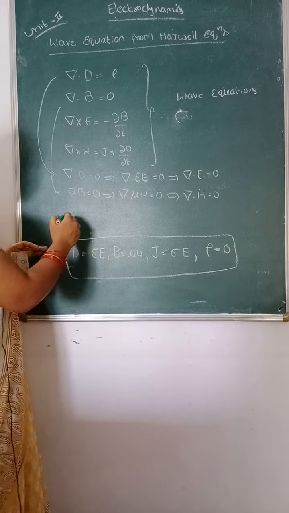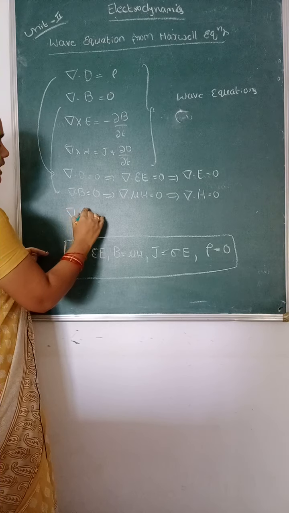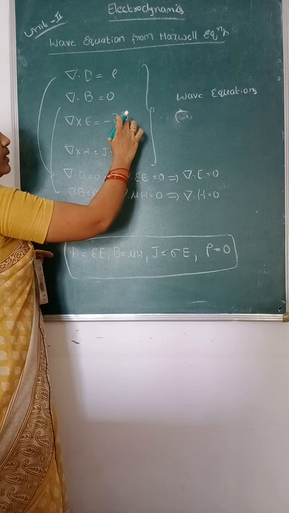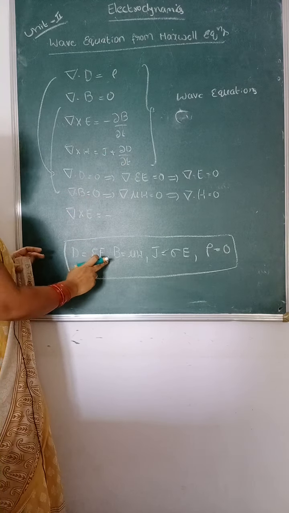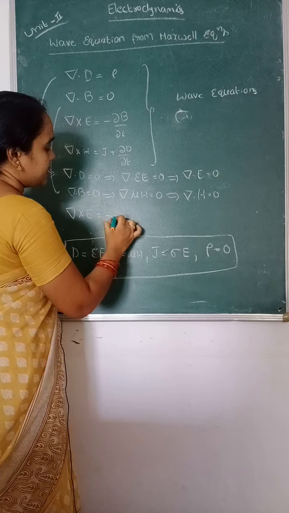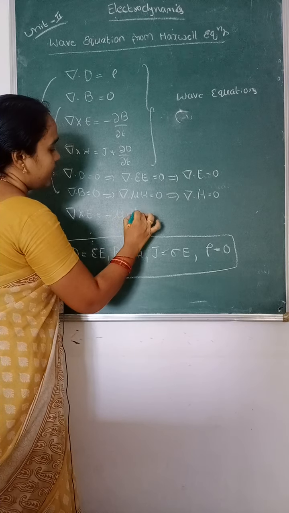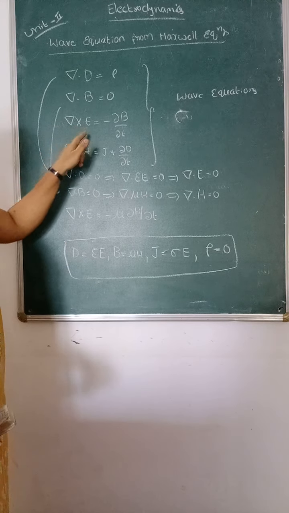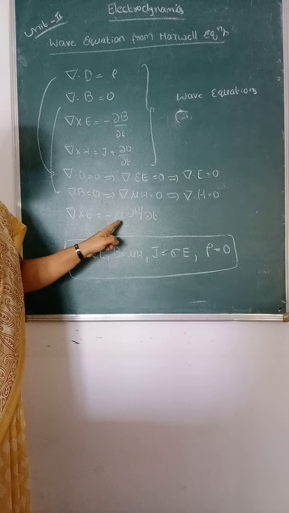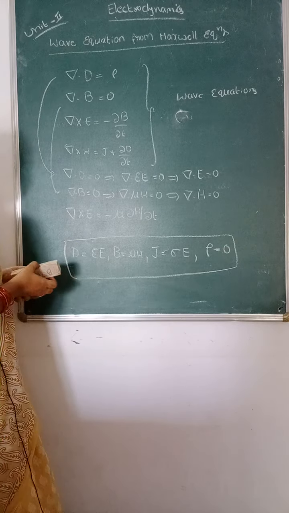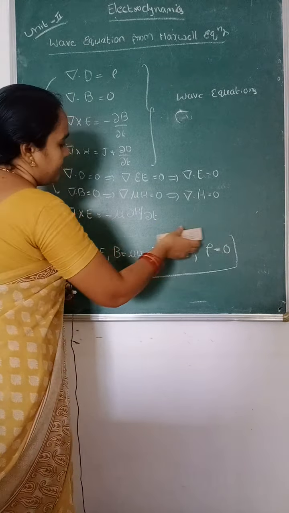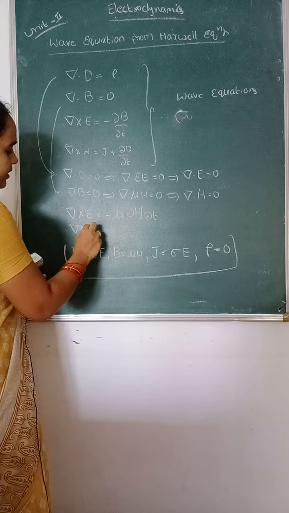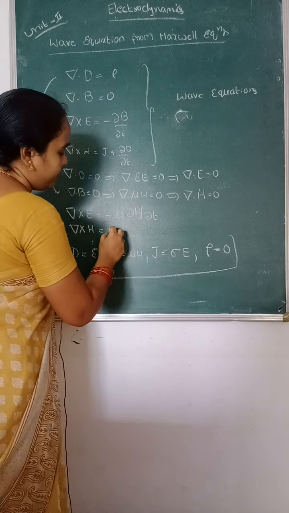Next, the third equation is del cross E is equal to minus dou by dou T of B. What is the value of B here? B is mu H. Since mu is constant, it is minus mu dou H by dou T. The third equation is del cross E is equal to minus mu dou H by dou T. And the fourth equation is del cross H is equal to J plus dou D by dou T. What is the value of J?